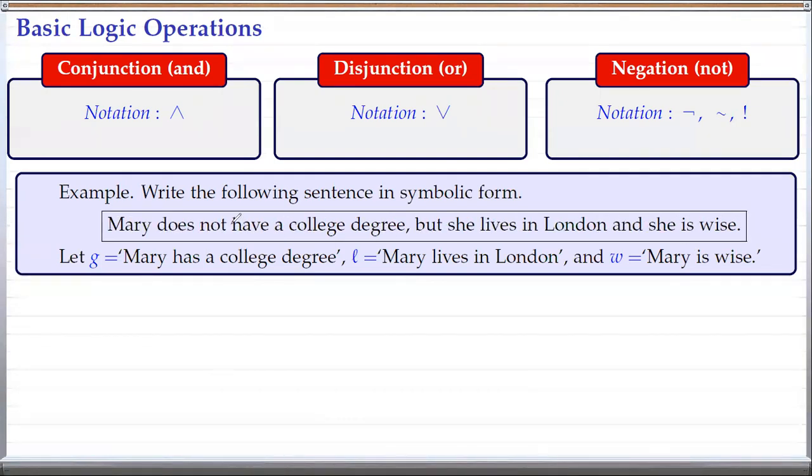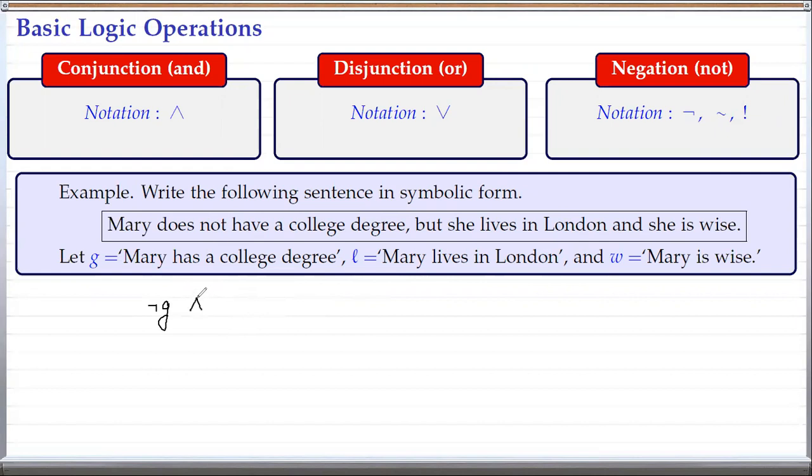Next example here: Mary does not have a college degree, but she lives in London and she is wise. The first part is negated, so we have not G, and she lives in London and she is wise.